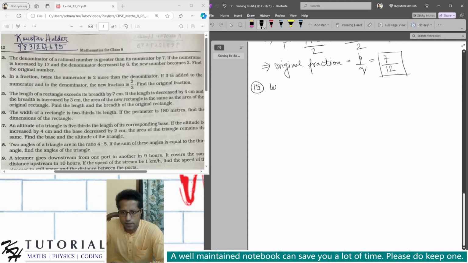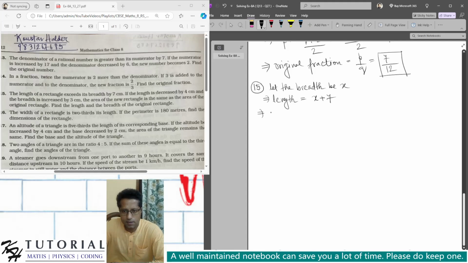Okay, so let the breadth be x. It is given that the length of a rectangle exceeds its breadth by 7 centimeter. So I am ignoring the units. It is obvious. Please note that all the units will be in centimeter. So let the breadth be x. This implies length is given to be 7 more than the breadth, that is x plus 7.